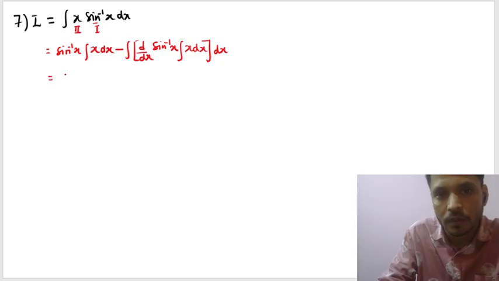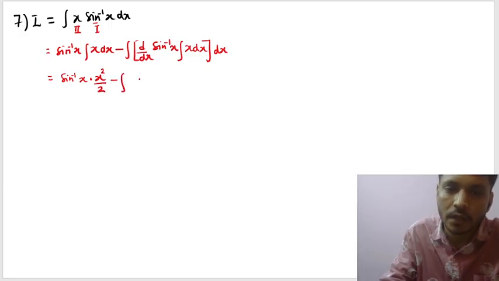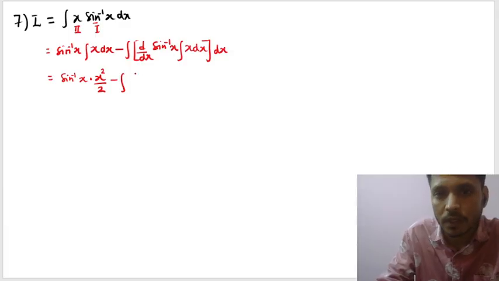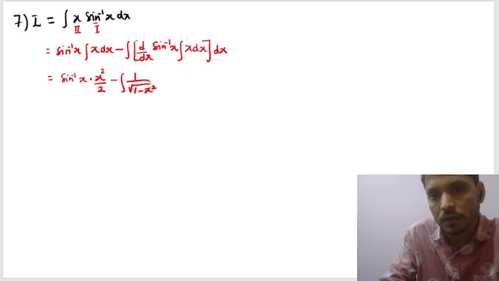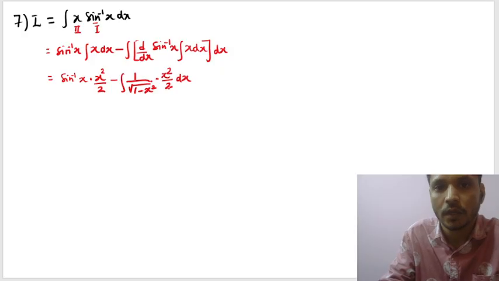So from here now this is sine inverse x, and here it is x square by 2, minus integration. What is the derivative of sine inverse x? So it is 1 by under root of 1 minus x square, and integration of x is x square by 2, x square by 2 into dx, right?